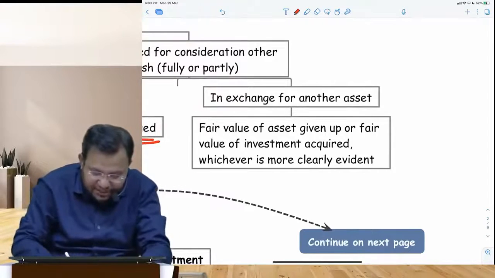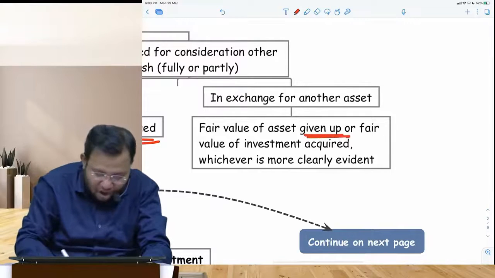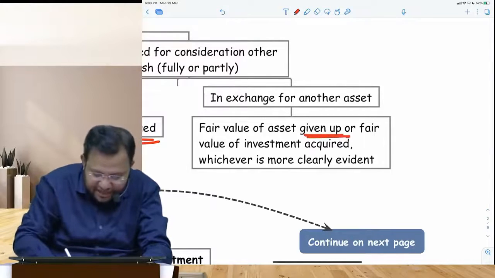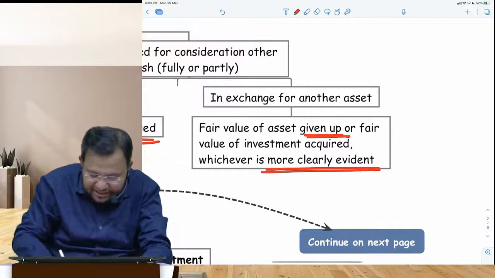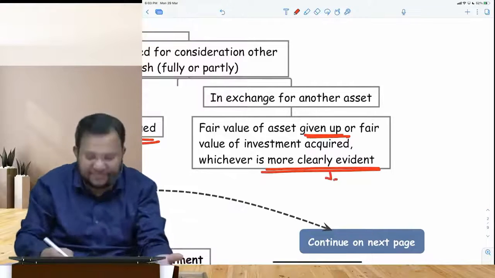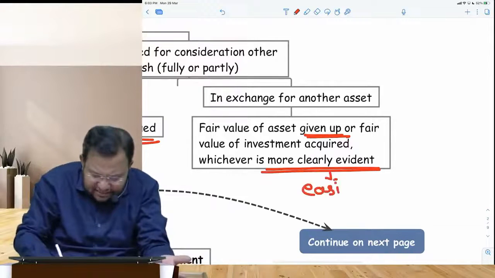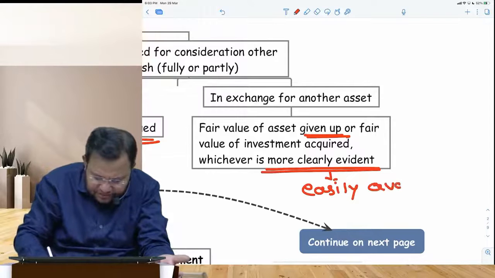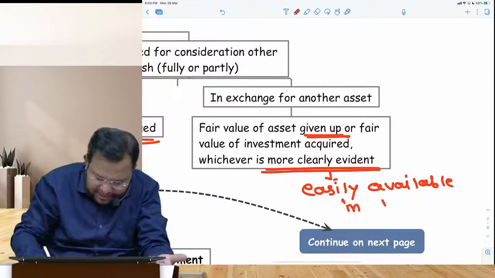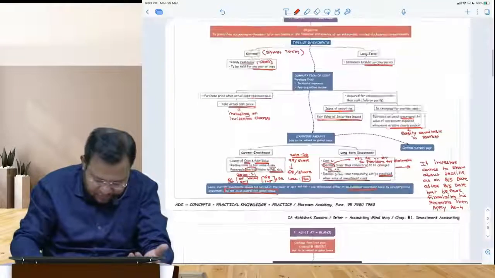Investment will be accounted at the fair value of the asset given up or the fair value of the investment acquired, whichever is more clearly evident. Whichever is more traded and easily available in the market, consider that to decide the cost of investment.